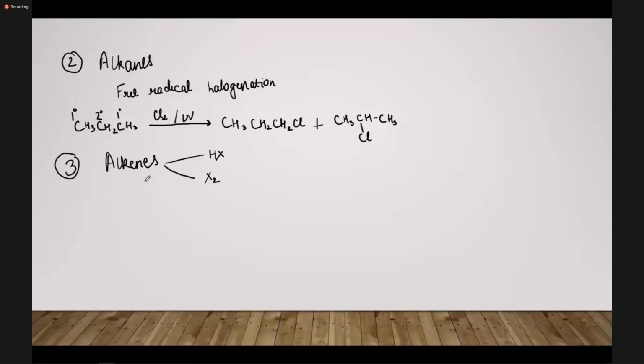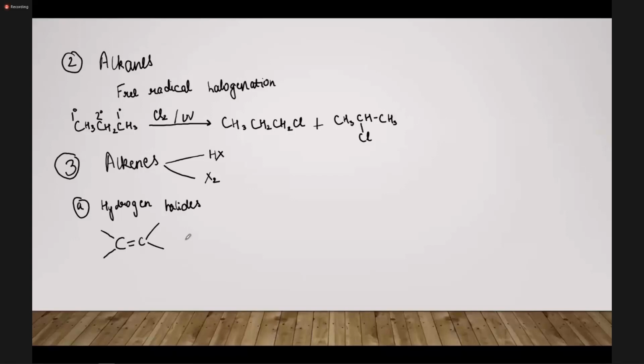So the first category is the hydrogen halides. Here suppose one alkene is there. I'm only writing the double bond here because any other groups can be attached to these carbons. It doesn't matter, these four groups can be anything.